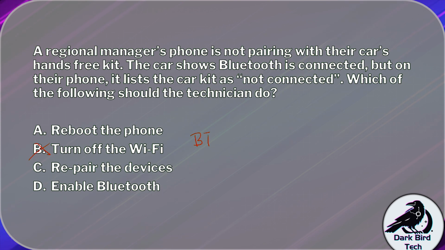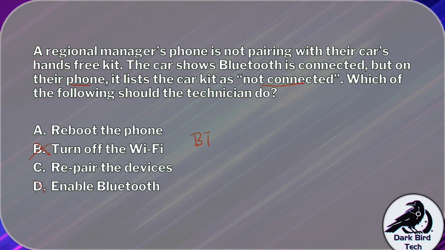In this case, it's a wireless technology, so there's nothing to check for plugging in. But the Bluetooth is appearing on the car, and you don't get any pair listings at all on your phone if the Bluetooth is off. And it says there that the phone is currently showing it as not connected. So that means it is on. So I don't think that's a good option.